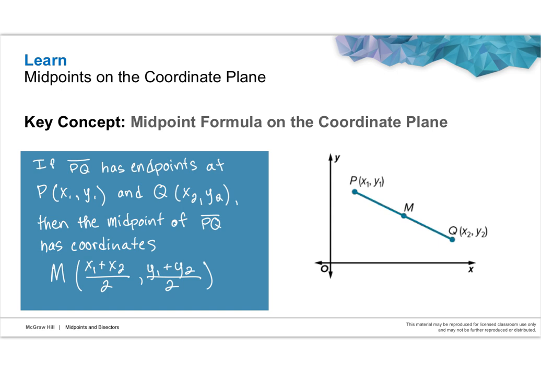And that's a good thing to write down underneath this formula, the average of x's, comma, the average of the y's. Just a good way to keep it in mind.